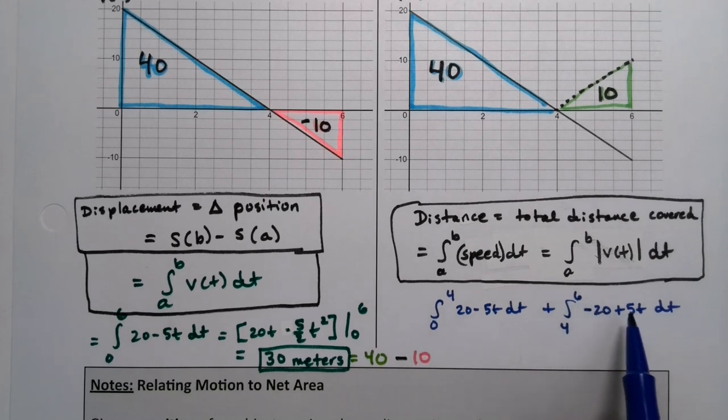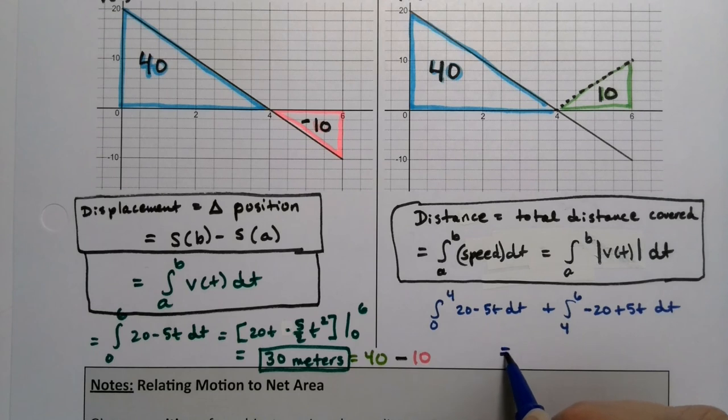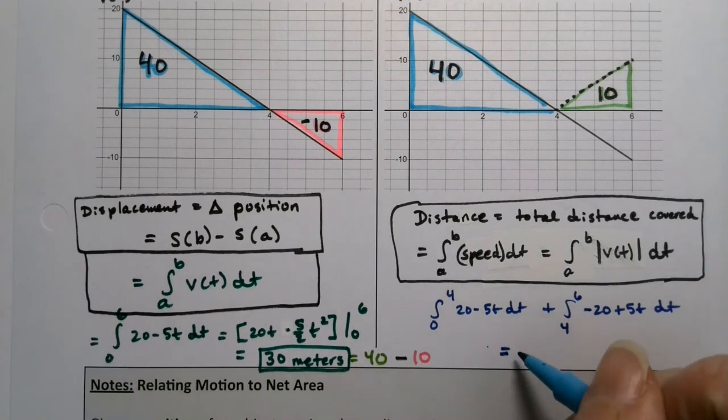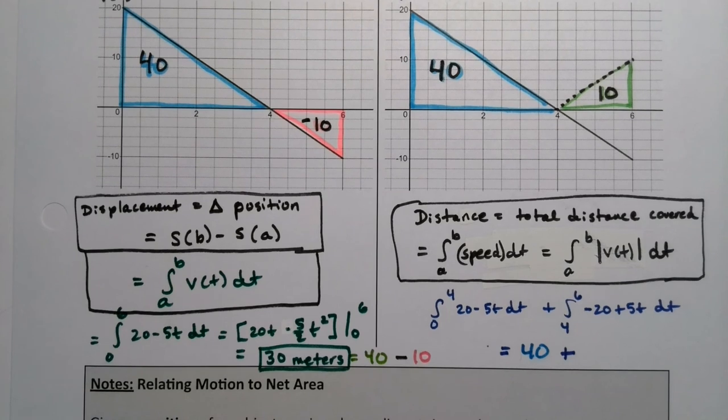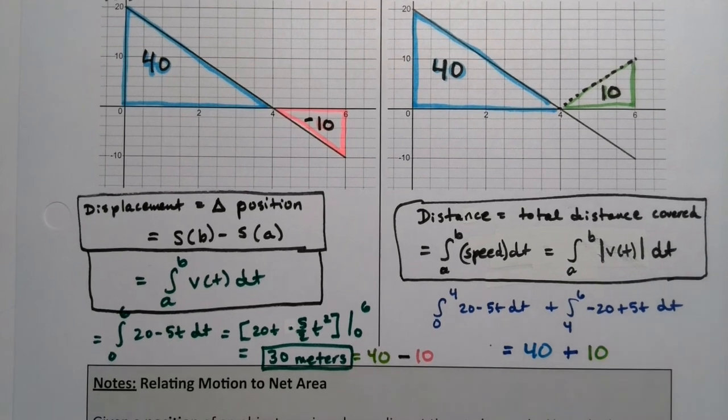You're taking the negative of each of the terms. Or if you like, you could put a negative out in front, either way. One way or another, though, you're going to get 40 plus 10. Right? It will not be minus 10 like this other one was.